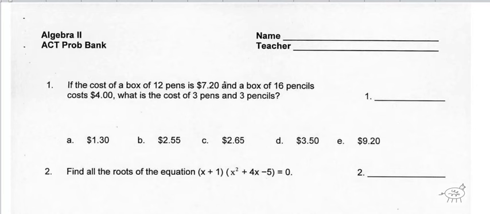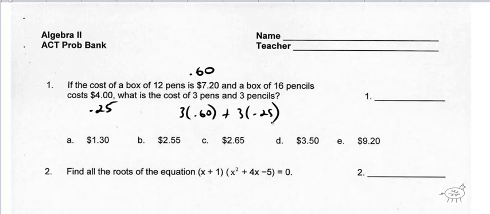All right, it's $7.20 divided by 12. So it's 60 cents for a pen. And 16 pencils cost $4. So if I divide that, I get that's 25 cents. So it's 3 times 60 cents plus 3 times 25 cents. Woo! Rough one. Okay, and it's $2.55, which is B.